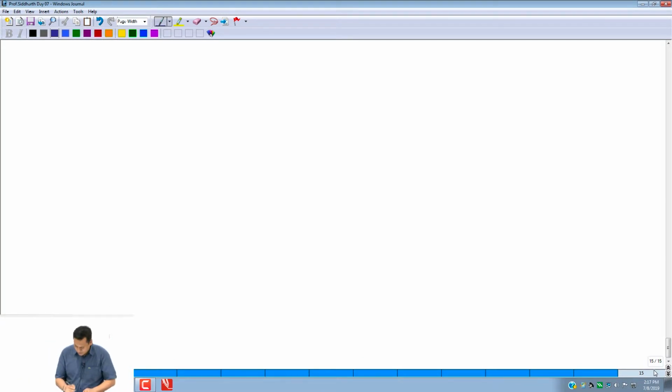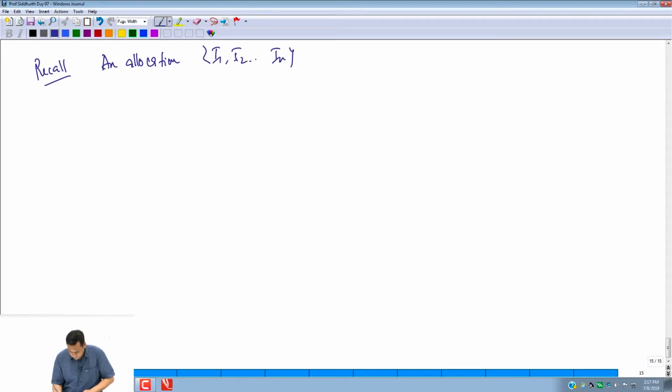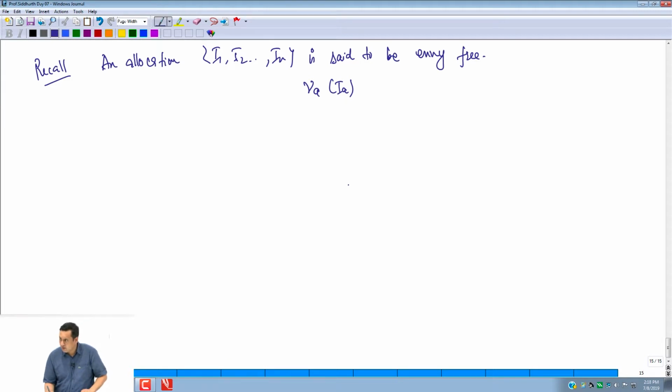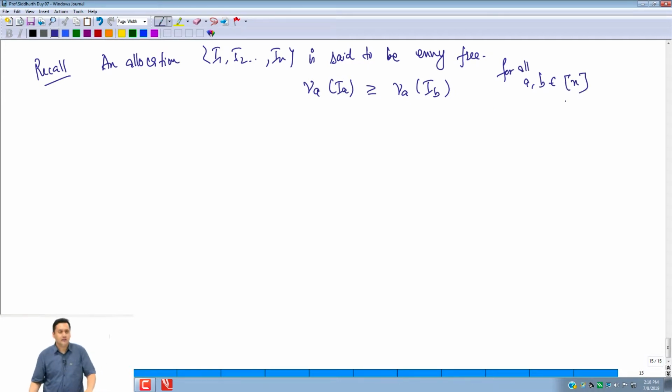So I'll say that an allocation is envy-free if, obviously, no one is envious, so every agent looks at the interval that's assigned to it and it is of value at least as much as any other for all agents participating in the fair division exercise.